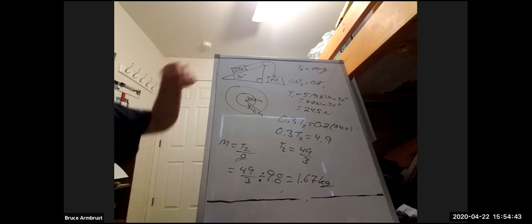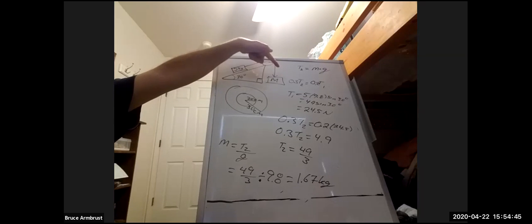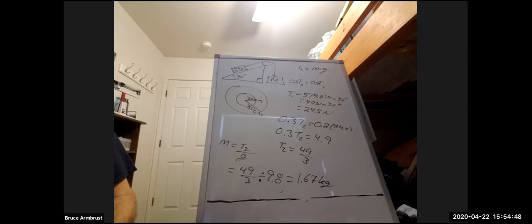But notice that when we did it with the radii the same, tension 1 had to equal tension 2. As soon as we go to a different location, those tensions are not going to be the same because their torques are not the same.